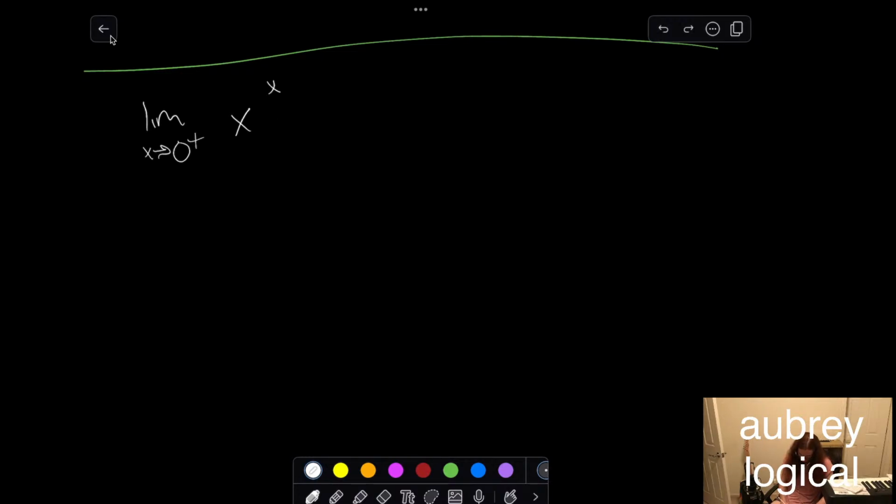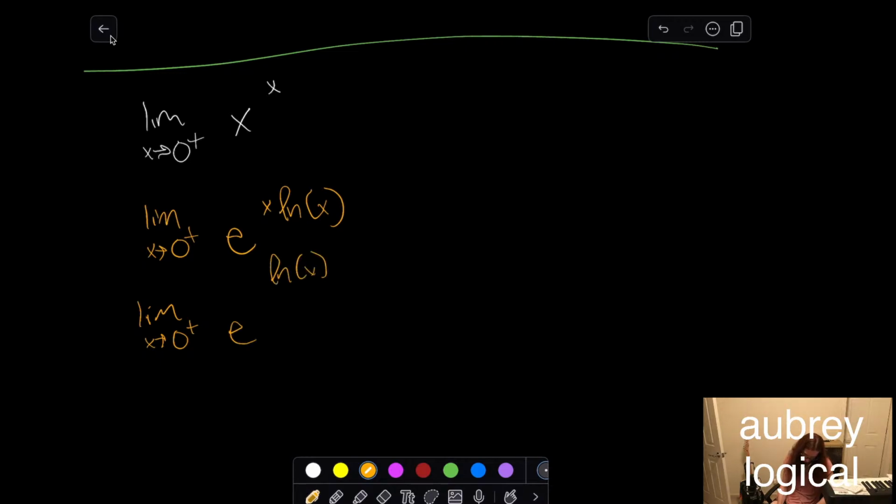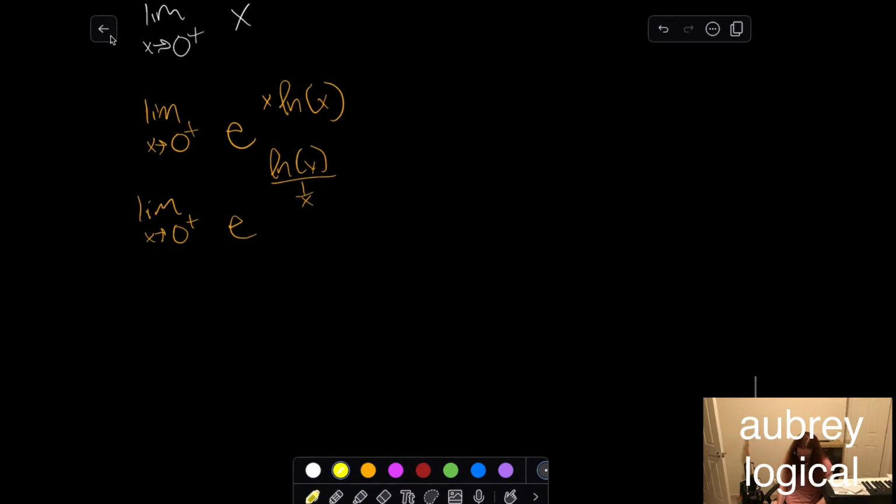So we are going to rewrite our expression using the natural log properties. So we're going to have e to the x ln of x. And again, we are working on getting our expression into quotient form so that we can do L'Hopital's on it.